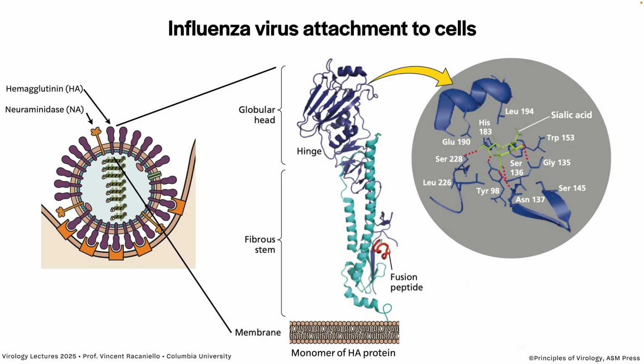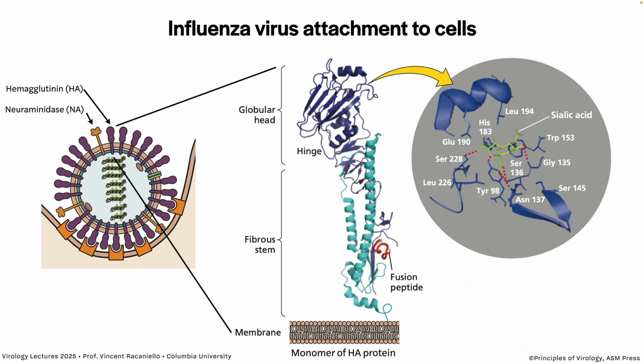The hemagglutinin is the protein that attaches to the cell receptor, HA. And here's the structure of HA right here. It's actually a trimer on the particle, but I'm showing you a monomer for simplicity. There's the membrane of the virus, and we have an extended alpha helix, which makes the stem.